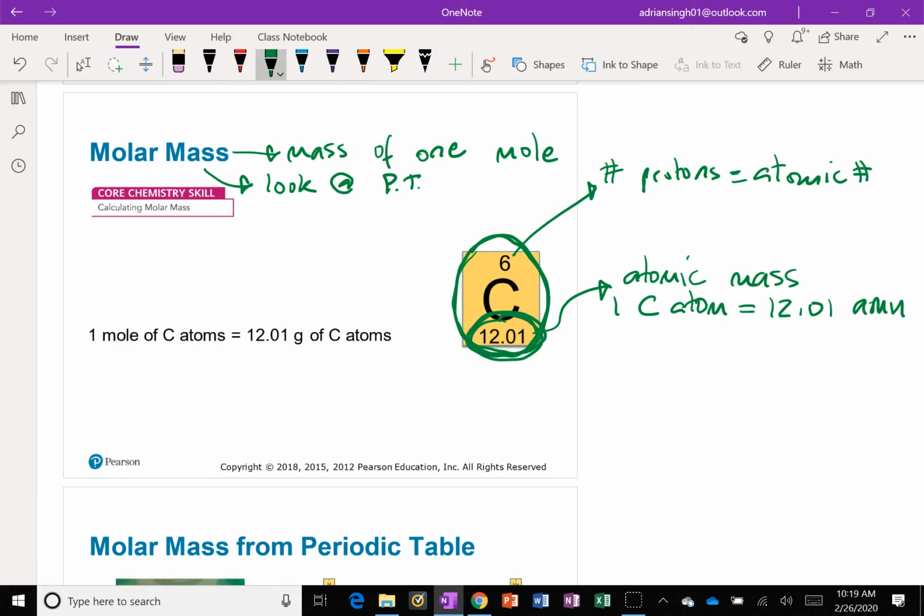But what that number tells you also is it doesn't just give you the average mass of one atom, it actually gives you the mass of 1 mole of that particular atom. So we can take that relationship now and just say that 1 mole of carbon atoms is actually equal to that number, 12.01, but now the unit changes to grams. And you can look up the molar masses for any of the elements on the periodic table. You do not have to memorize that, right? You always get a periodic table.